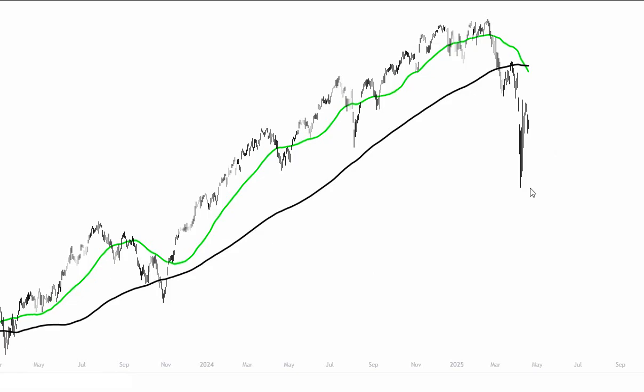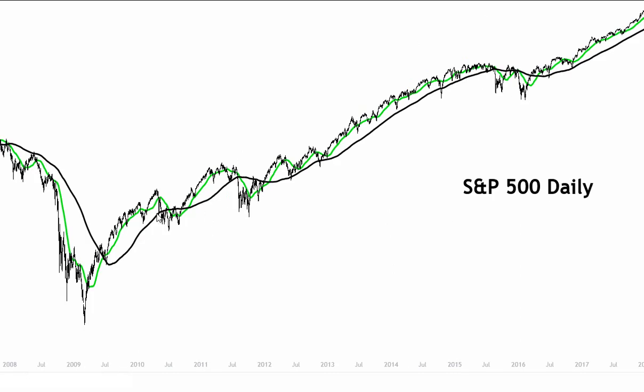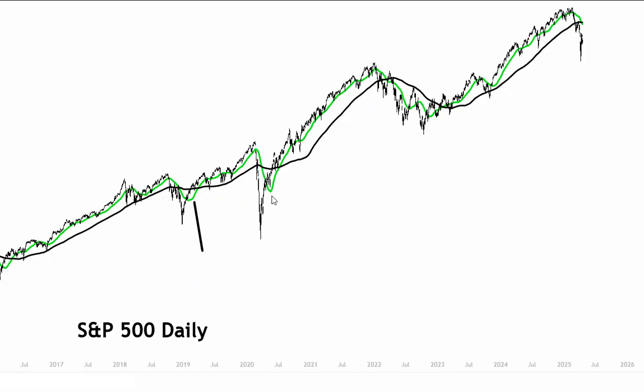I wanted to show you we've had multiple times where we've gotten death crosses in this longer term bull market, and we've recovered. We've had 1, 2, 3, 4, 5, 6, and now 7. We've had 6 times previously where we've had a death cross and we have recovered, associated with a major correction.